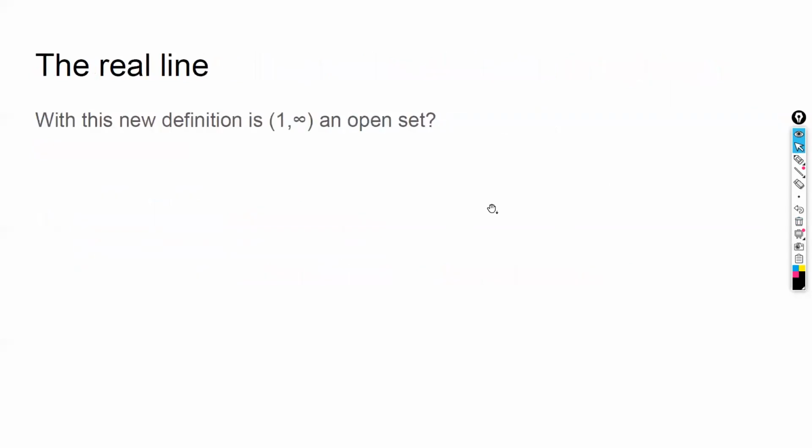So let's take a look at the real line. With this new definition, is (1, infinity) an open set? Well, yes, because I can come up with the following, right? I can just take (1, 2), (1, 3), (1, 4), (1, 5), and so on and so forth.